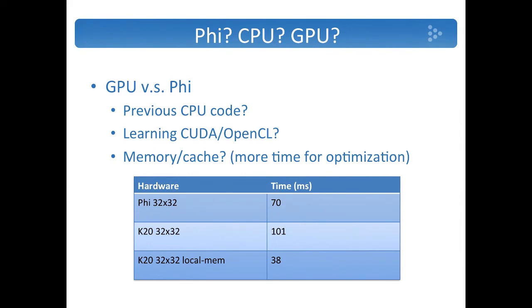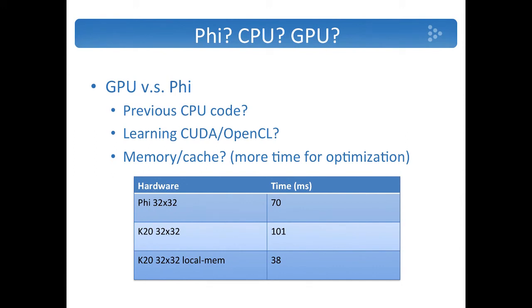I wrote a kernel with the local memory in it, and on the K20 it achieves a much higher performance than the Xeon Phi. As you can see here, it took the K20 only 38 seconds to finish the job, and the Xeon Phi needed 70. So it's much faster on the K20 GPU.